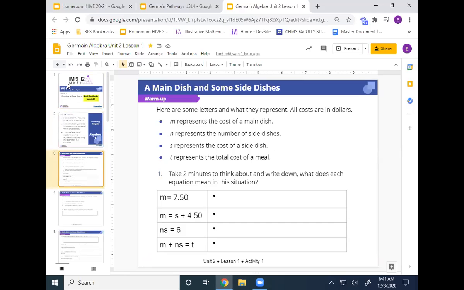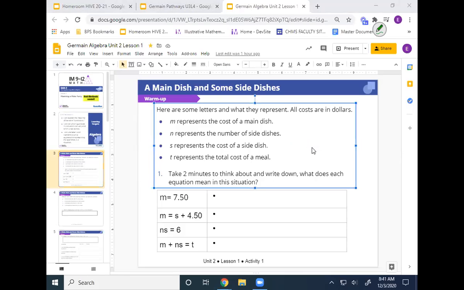S represents the cost of a side dish. And T represents the total cost for the meal. So all of these variables are defined by what they mean here. Because later on you will be asked to define what each of these means.